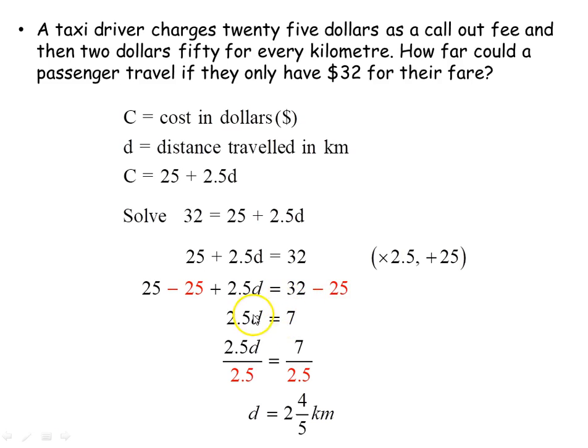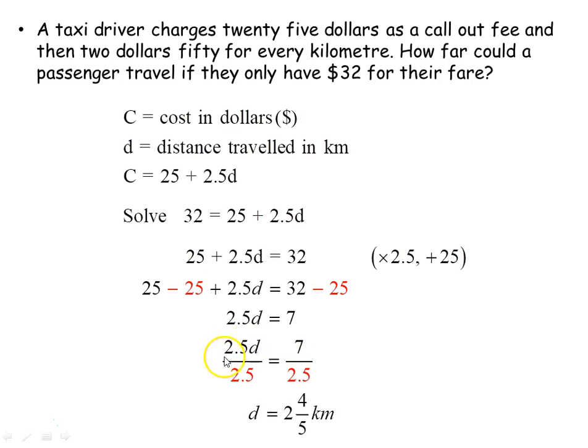Then the next operation we need to undo to get this letter D by itself, we need to get rid of this times 2.5. And the inverse operation for times 2.5 is divide by 2.5. So we're going to divide both sides of the equation in order to keep it equivalent. What you do to the left hand side, you must do to the right hand side. We're going to divide both sides by 2.5.